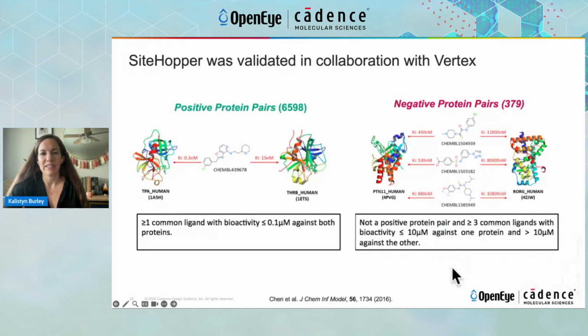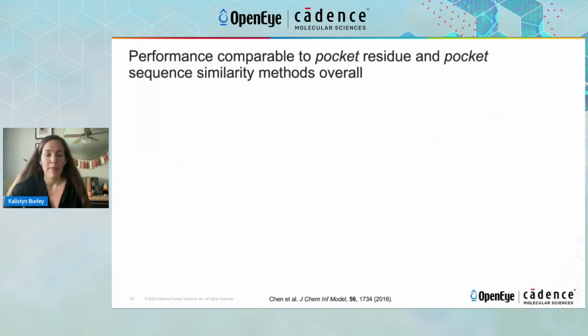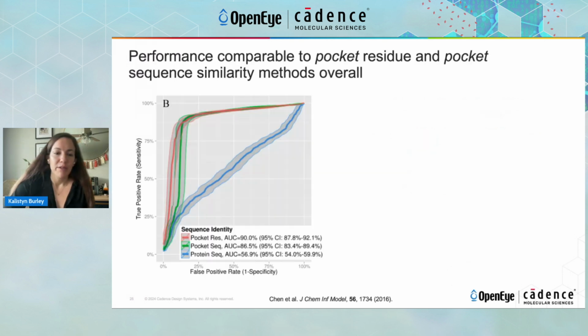Using this curated set, Vertex applied a few different methods, some sequence-based methods, as well as the SiteHopper method that I just introduced. If we look at the performance of those sequence-based methods, they looked at both overall sequence identity as well as the pocket sequence identity, where you look at the first residue where the pocket is represented in the primary sequence all the way to the last residue.